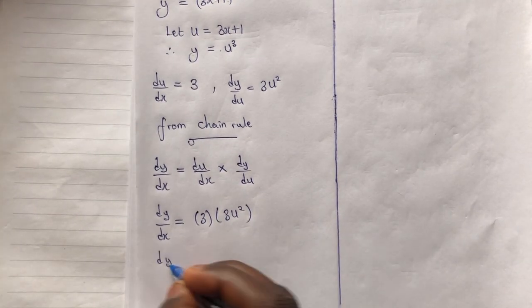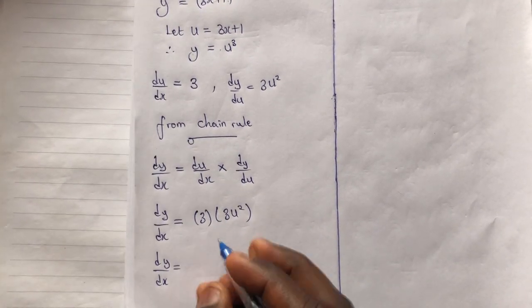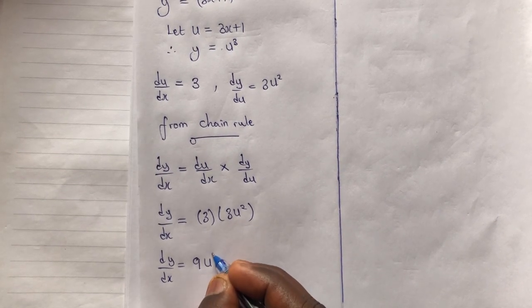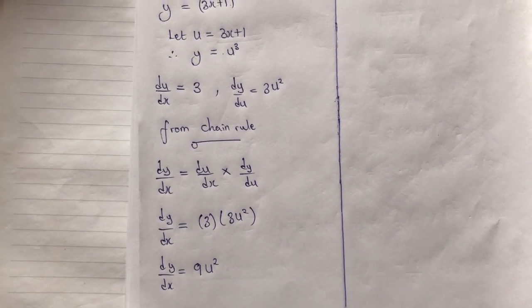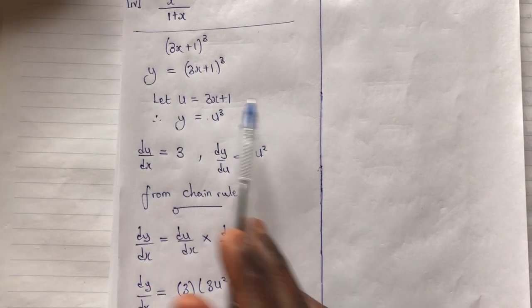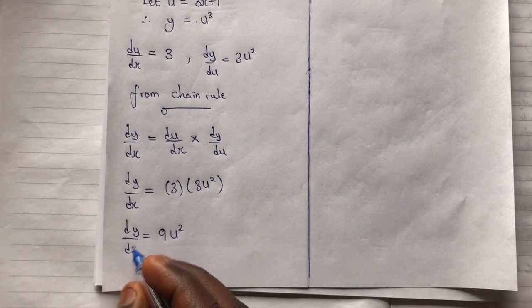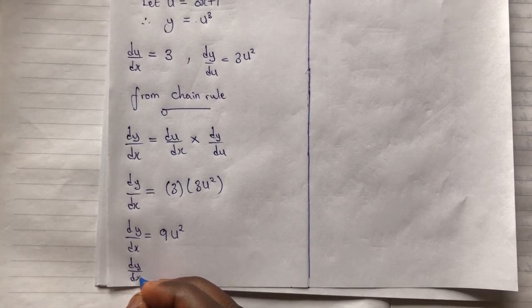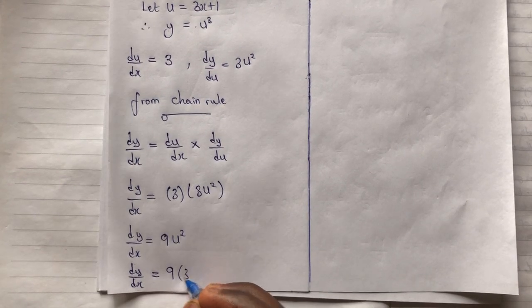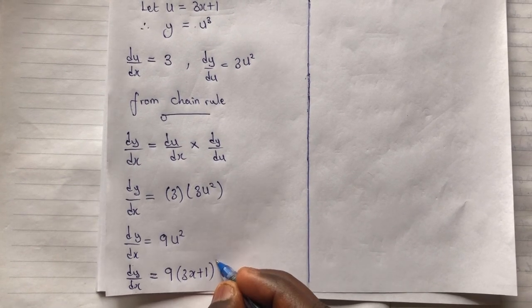So now dy/dx will give us 3 times 3u squared, which is 9u squared. But in the beginning, you said that let u be equal to 3x + 1. So you can resubstitute this by saying that dy/dx will be equal to 9 into (3x + 1) all squared. So in the next example, we have sine(4x - 1).